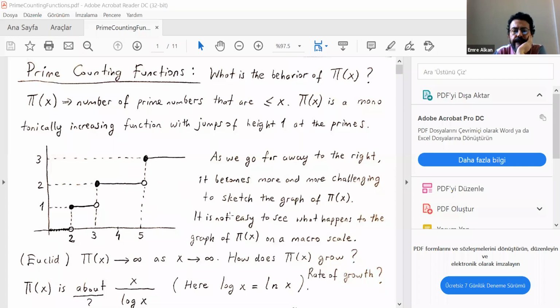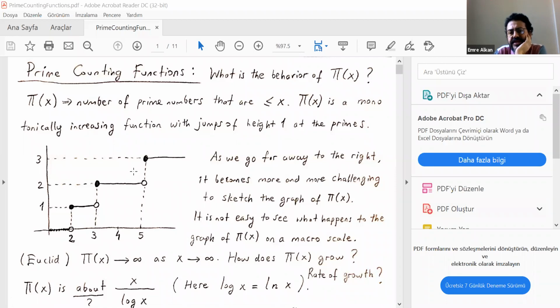So I should make the first remark here. Even with the graph, it's not easy to see what happens to the graph of pi of x on a macro scale. As you go far away to the right, it doesn't give much insight about what's going on about the primes.